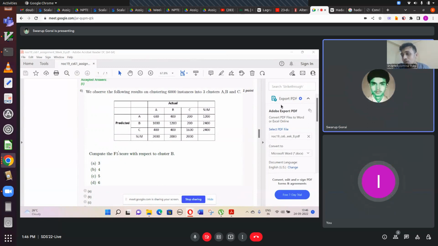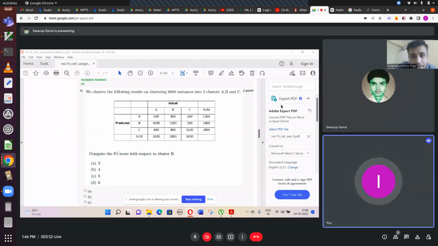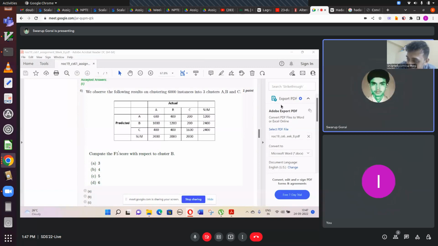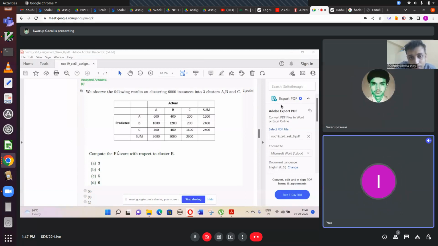Okay. Now we know that 800 have been incorrectly put in A and C, right? Yes. So what is that? It is amongst those TP, FP, TN, and FN. Which one is that? Can you think of it? False positive. No. Why would it be false positive?